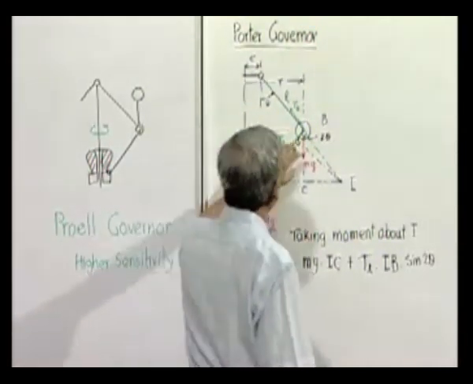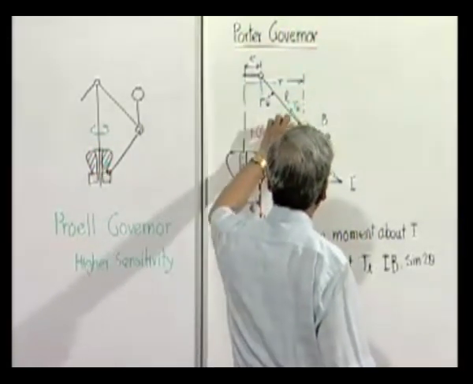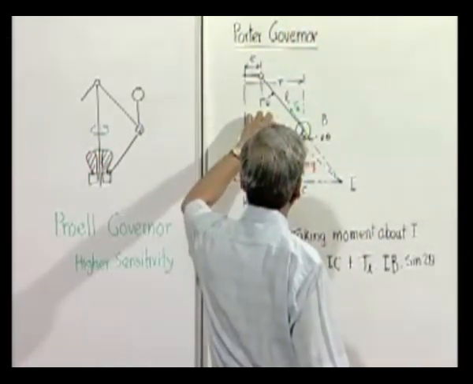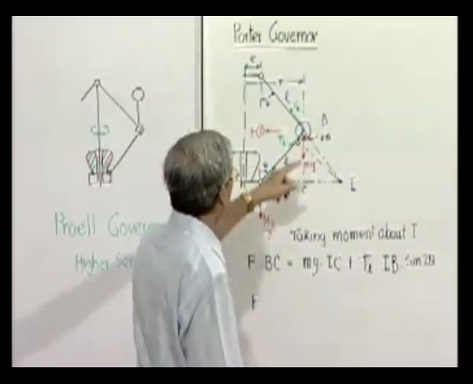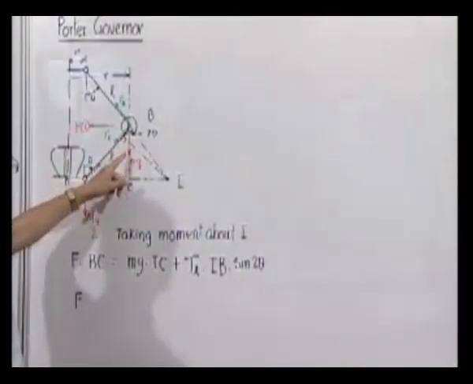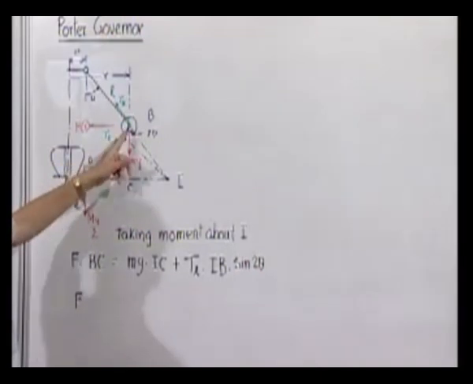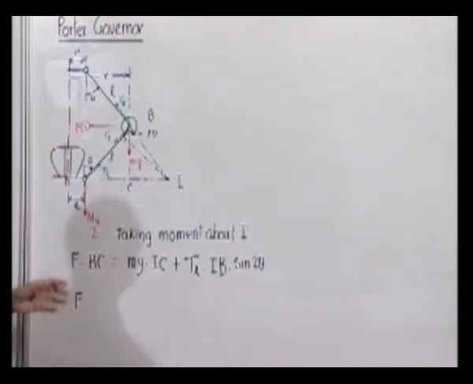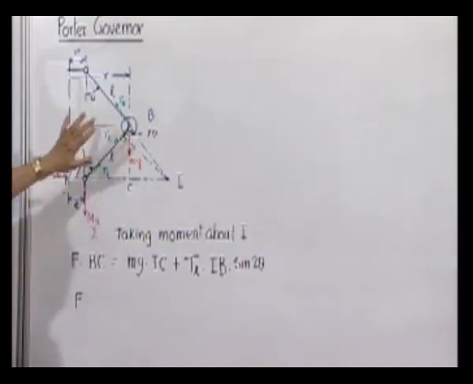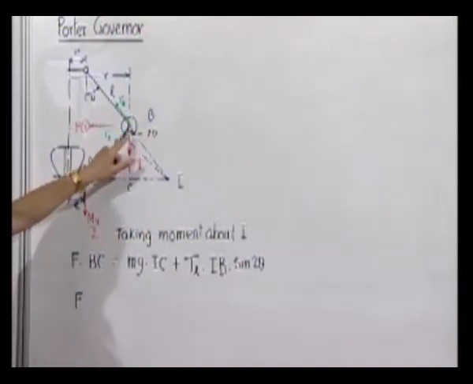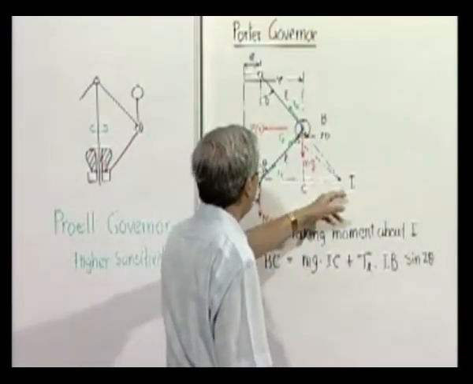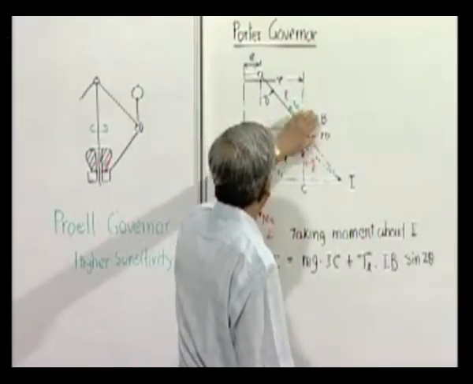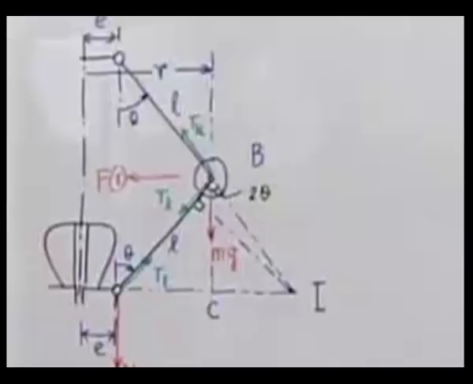Now control force means that on this sphere the effect of control force will be representing the effect of other forces. What other forces are acting on this? One is the gravity, one is TL, one is TU. So therefore if we take the moment about this instantaneous center, the moment of the actual forces acting on this sphere must be equal to the moment that would have been produced if all these forces were represented by a horizontal force.